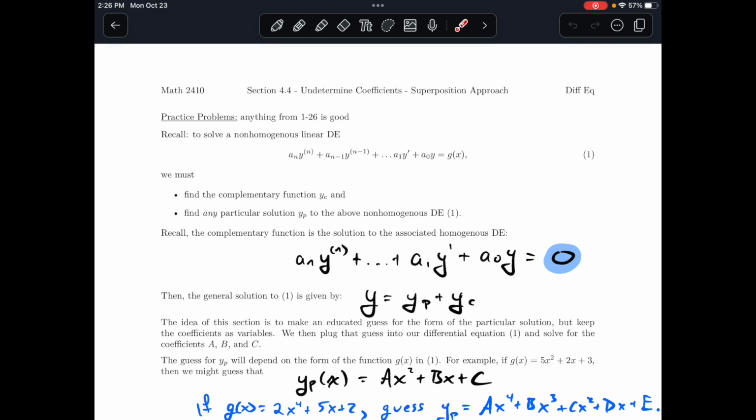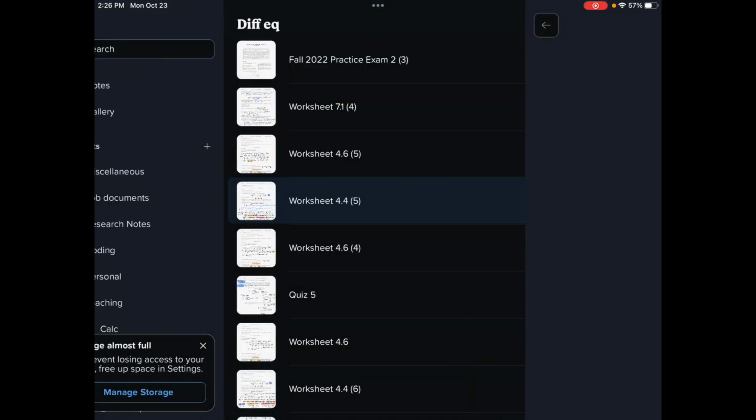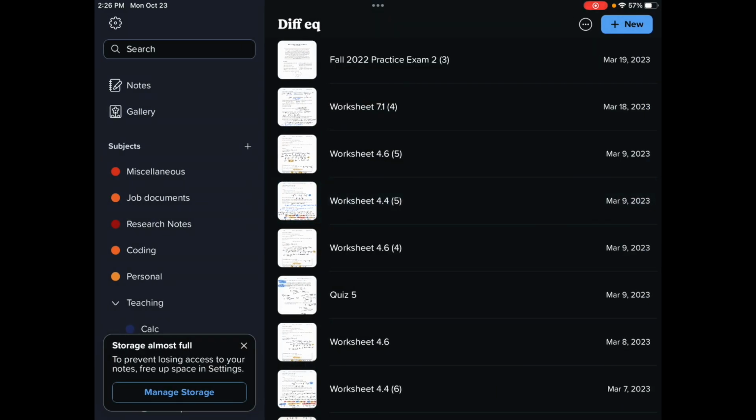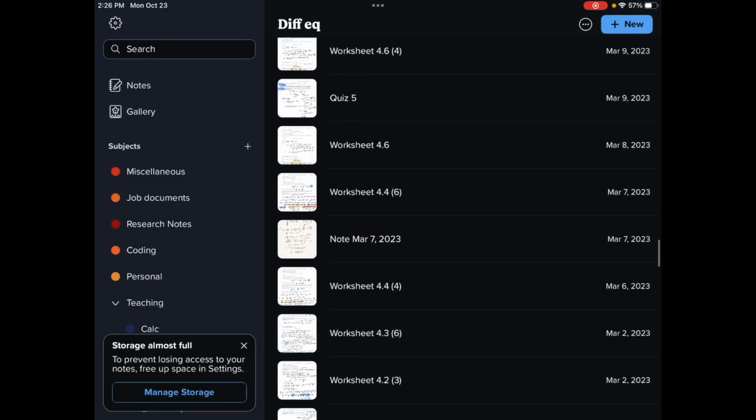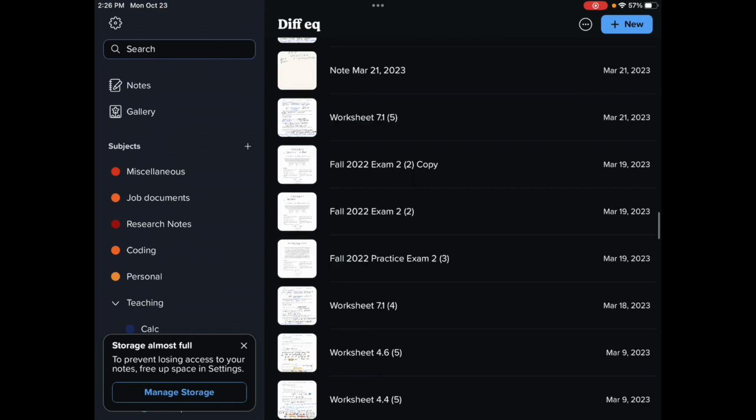Any of them are fine, just to get some extra practice. 4.3 has some listed as well. So here's some practice problems from section 4.3 that you could do. 4.4 tends to cover a lot of the stuff from 4.3. You kind of need to know 4.3 in order to do 4.4.